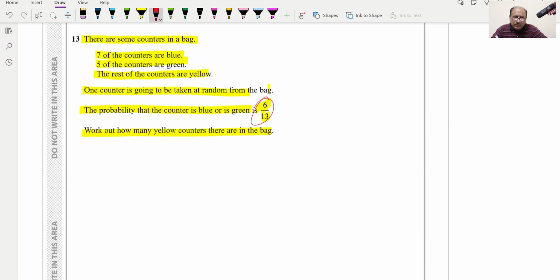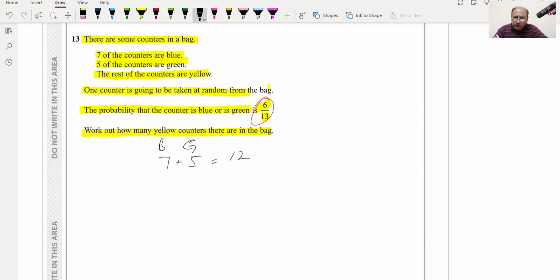Now we can check: 7 counters are blue and 5 counters are green. So these are blue, these are green, and this will be equal to 12. 12 out of how many?